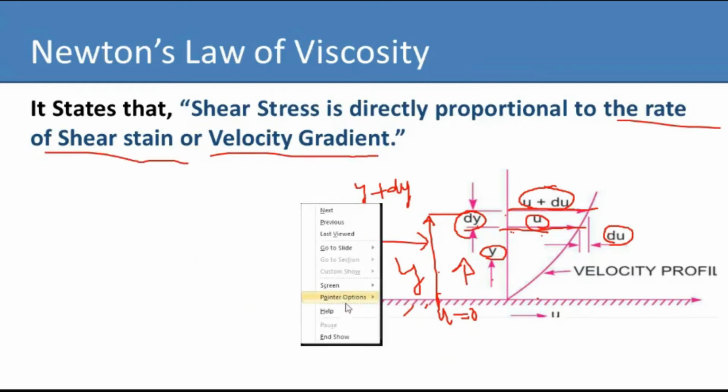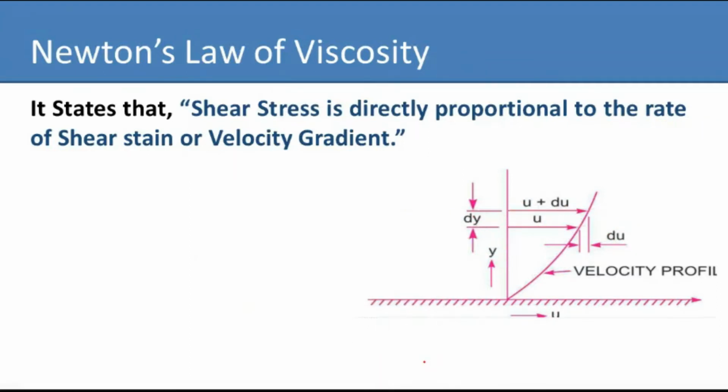That is proportional to the applied shear stress. As per Newton's law of viscosity, the shear stress is directly proportional to the rate of shear strain or velocity gradient of the fluid. So tau is directly proportional to du by dy.